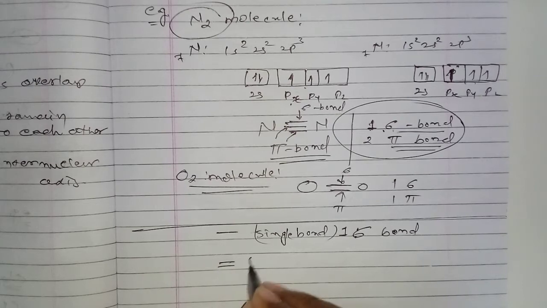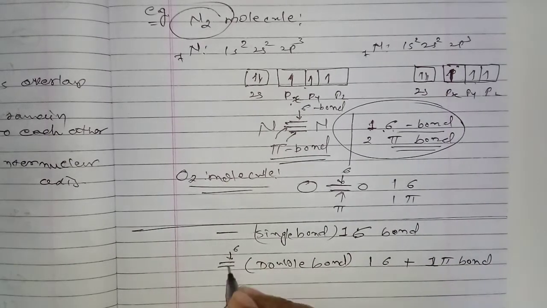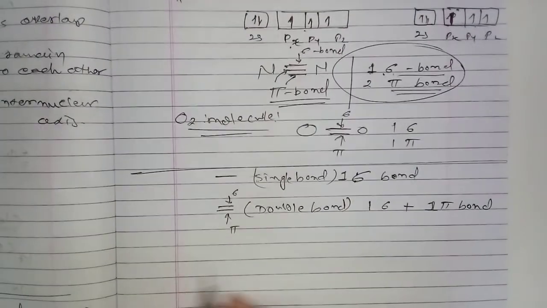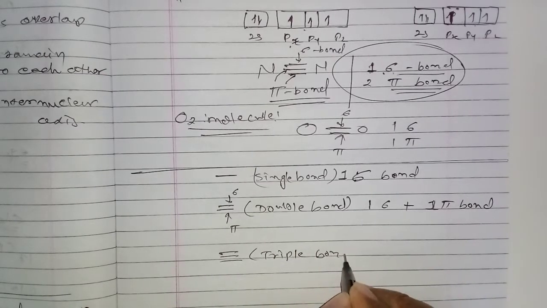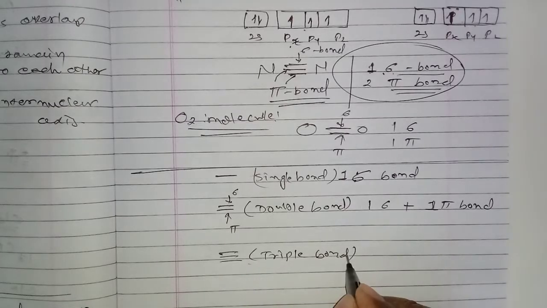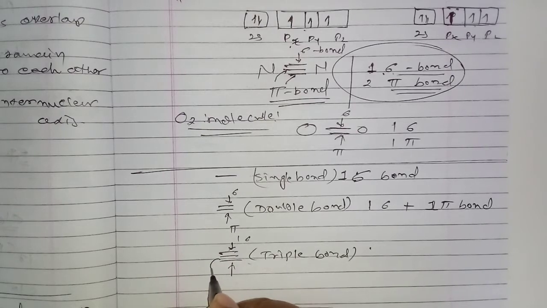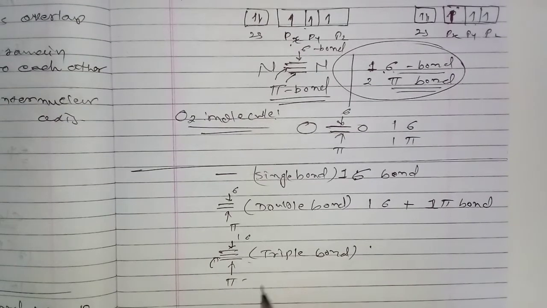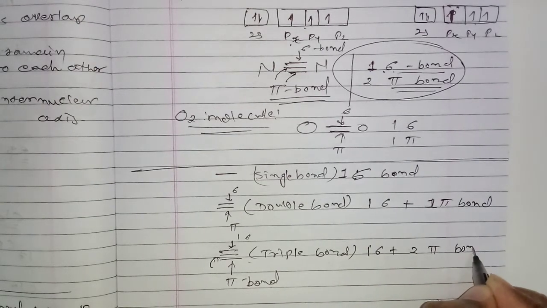If a double bond is present between two atoms, it is one sigma plus one pi bond. If there is a triple bond between two atoms, it is one sigma and two pi bonds.